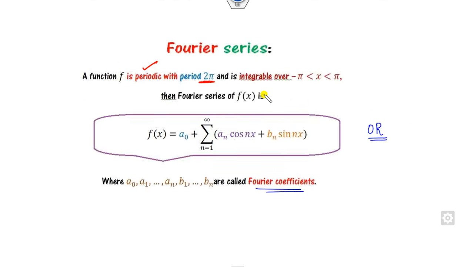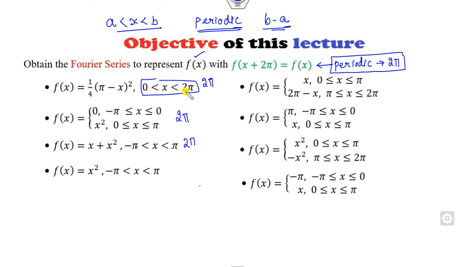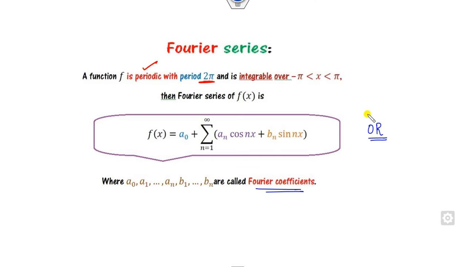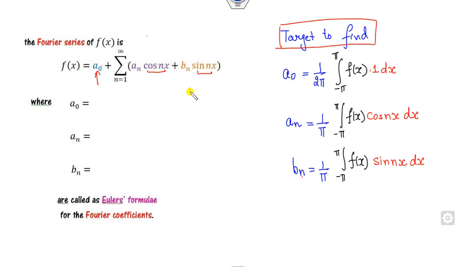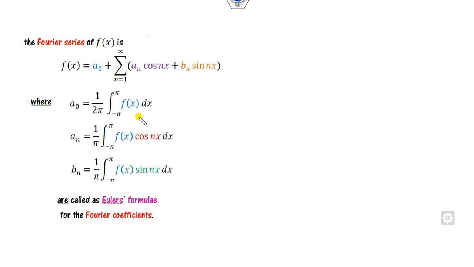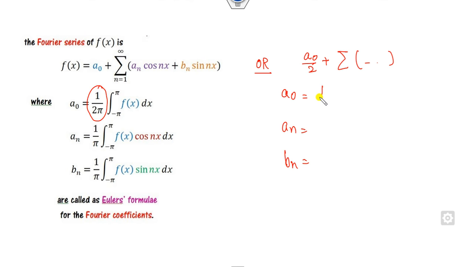Make sure that if your function is defined from 0 to 2π, then instead of −π to π you can write the integration from 0 to 2π. Whatever limit is given, you can write it like that. On the other hand, if you want to write a₀/2 and the rest of the things are similar, then the only change in the formulas of aₙ, bₙ and a₀ is that instead of 1 over 2π it is only 1 over π. That's your choice.